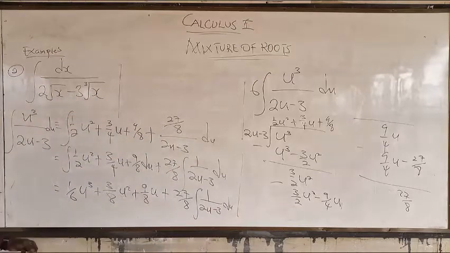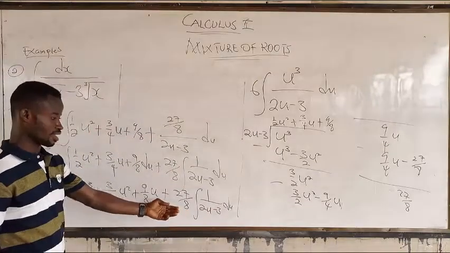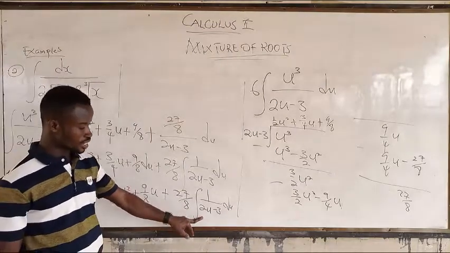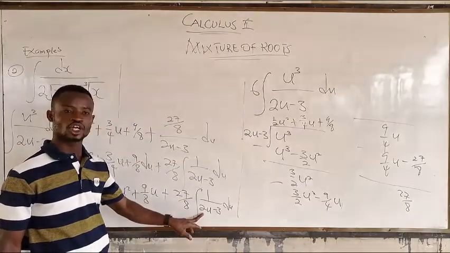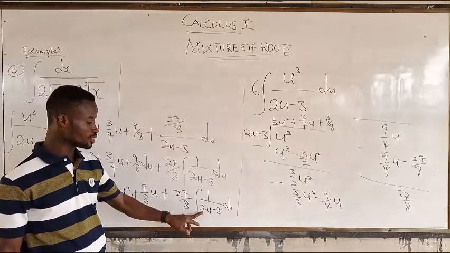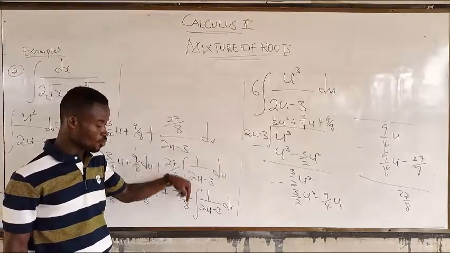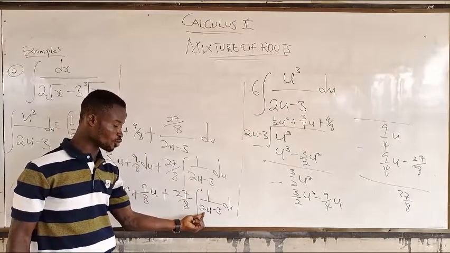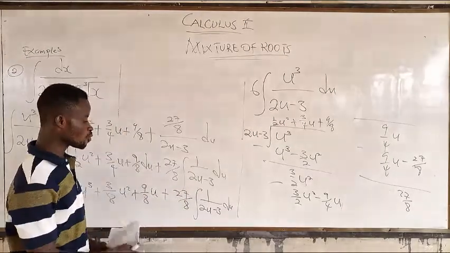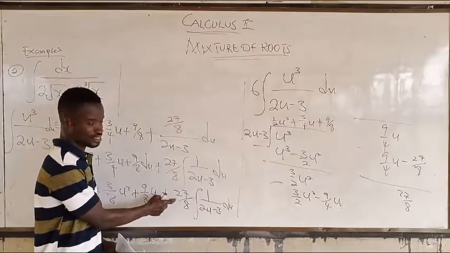So that is what we get there. Now, the reason why I'm pausing here is that for you to integrate this, you have to know that you will take 1 over the coefficient of this. So it's going to be 1 over the 2 multiplying this.